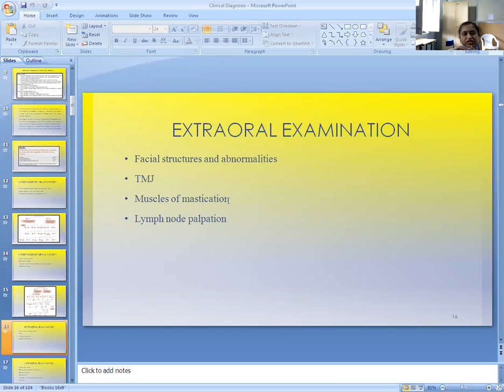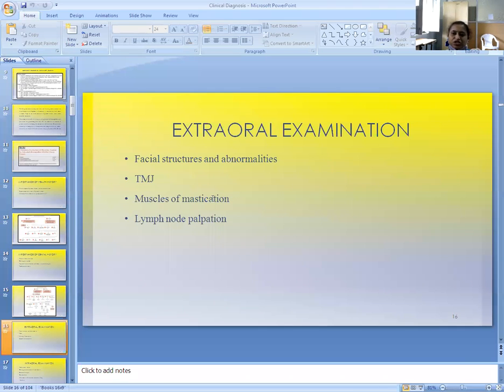Then move towards extraoral examination. Okay, so facial structure abnormalities you have to evaluate properly. The temporomandibular joint (TMJ) you have to evaluate. Few methods are there: standing behind the patient and asking the patient to open the mouth, or in another method you can stand in front of your patient and evaluate.